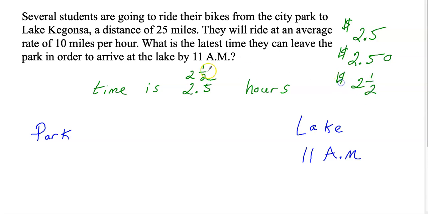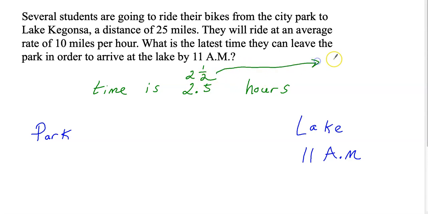Maybe that helps you see why these two are the same. So in other words, the time is 2 and a half hours, well, that's the same as 2 hours and 30 minutes. Because a half of an hour is 30 minutes.